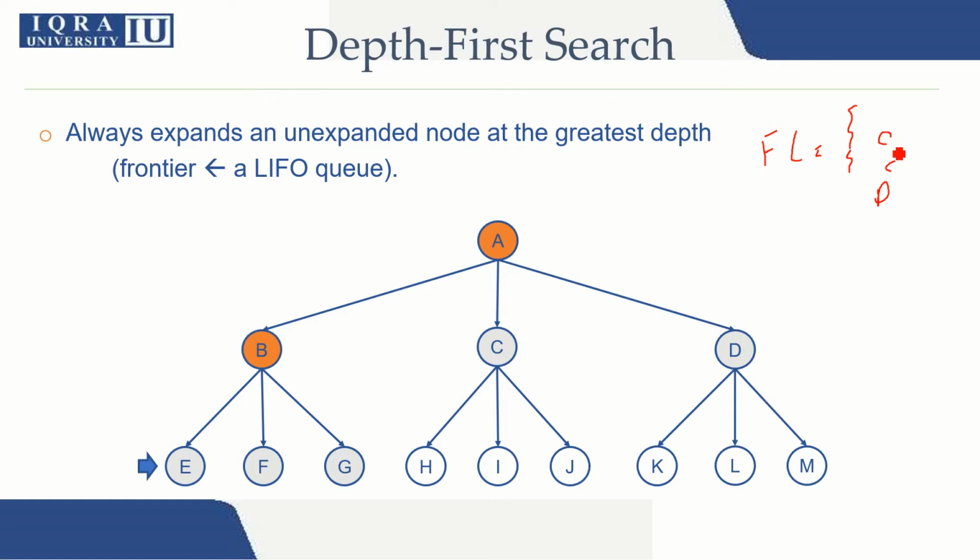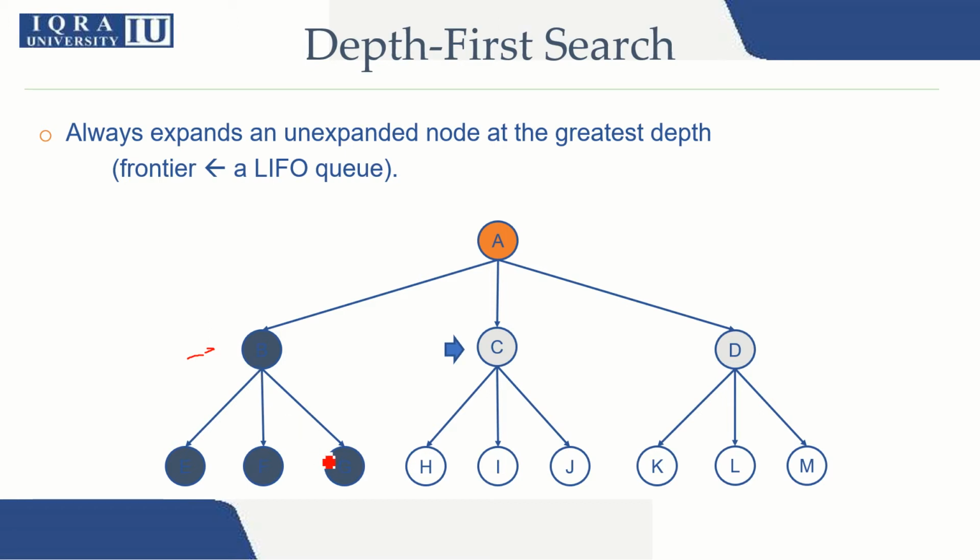Let's suppose G is pushed first, then F, then E. You can see the difference: the node that will first be explored is E, then F, then G. E is turned black because E does not have any successor, F is turned black because there is no successor to F, and G is turned black because G will not have a successor, and in turn B is turned black. That means they are put into the explored set, because they have been explored and there is nothing more we can do by following this path.